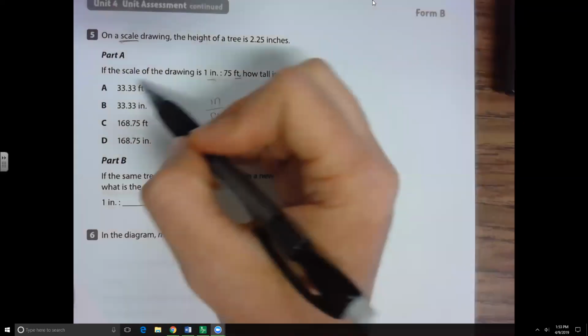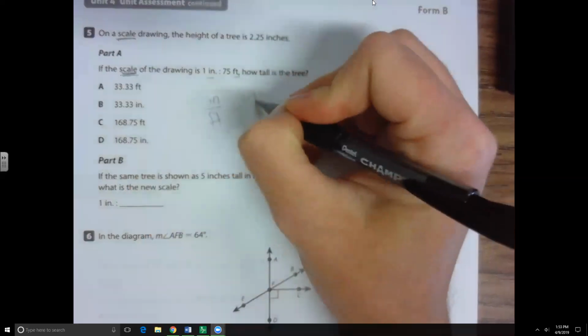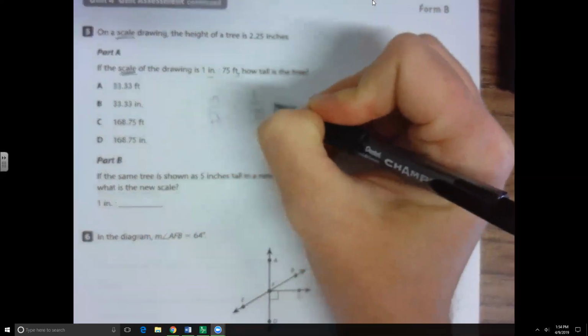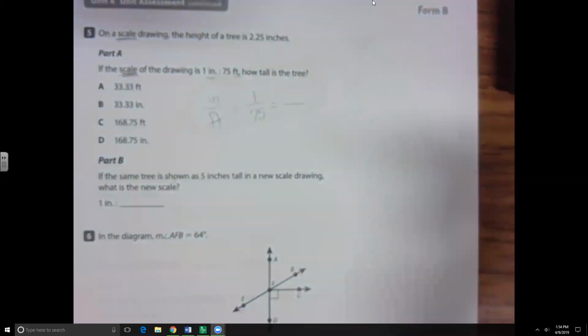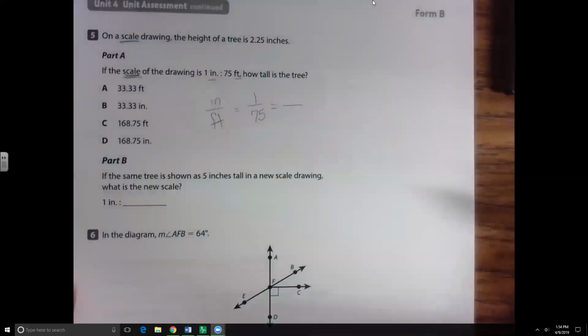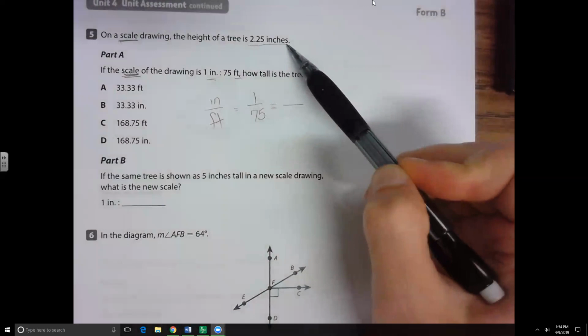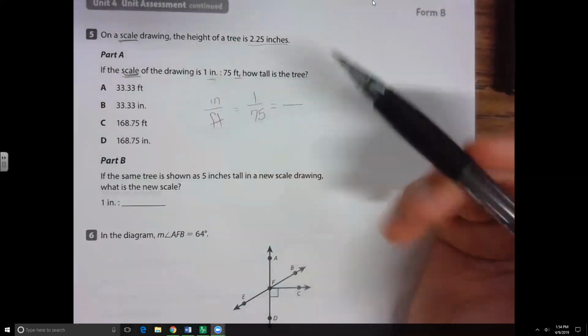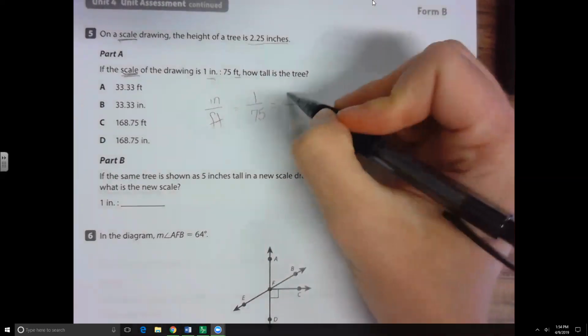So then if I'm given a scale, that's going to be my first fraction. So I'm going to have 1 over 75 equals, and then I use whatever other information I'm given. And I'm given 2 and 25/100 inches. So I'm going to use that number, and since it's inches, inches go on top.